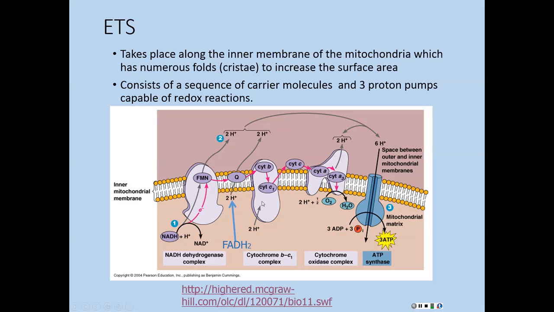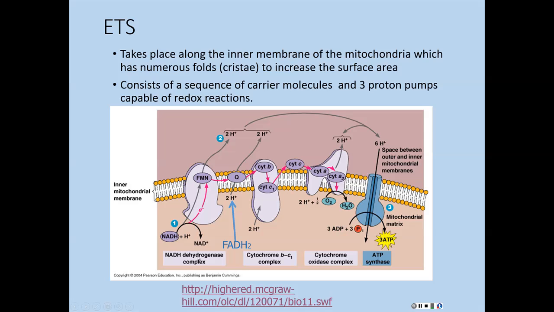I want you to know the complexes, the synthase, and where NADH fits; I actually ask you to draw NADH function. This is an oxidation-reduction reaction right here, because now NADH is oxidized to NAD and can be reused. The hydrogens are pumped up into this space, and the electrons are housed within the membrane.